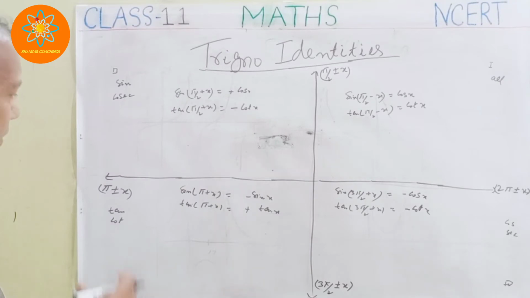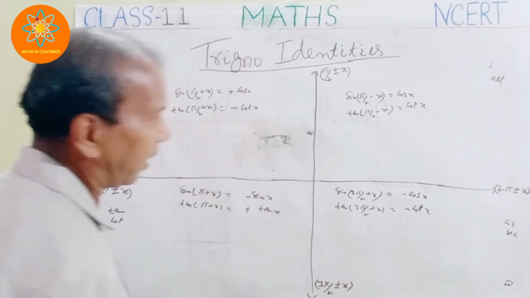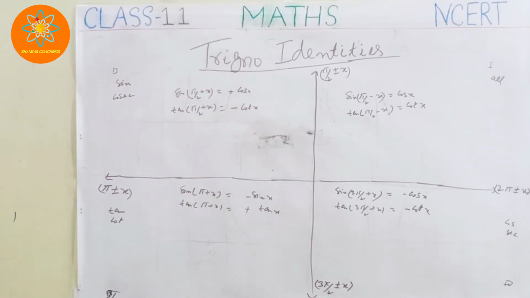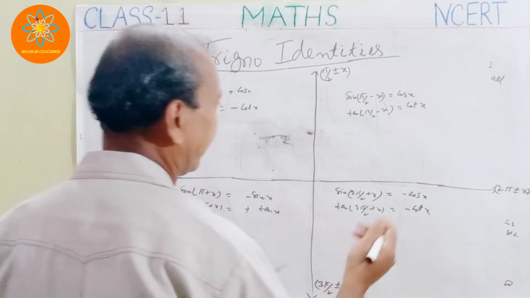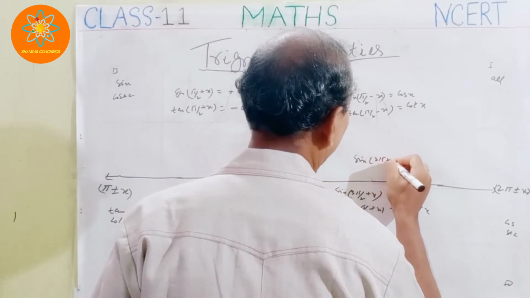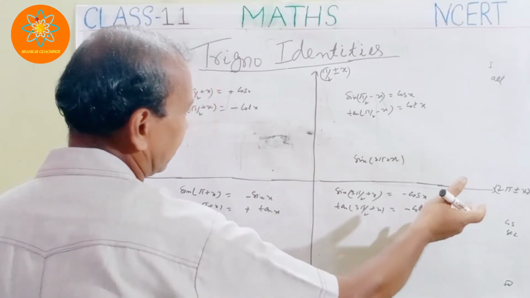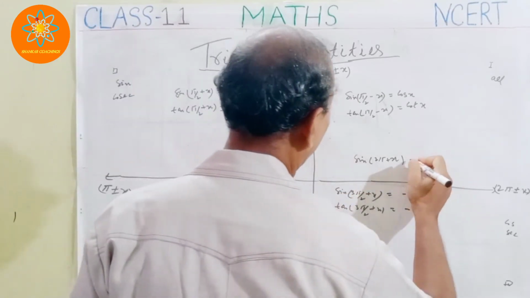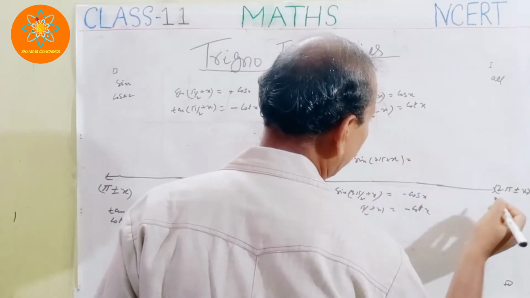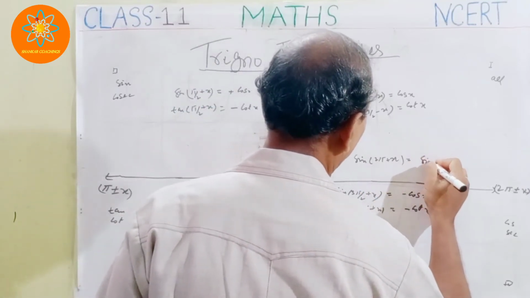So this is how the trigonometric identities change. Let's suppose I am taking one simple one: sine(2 pi plus x).